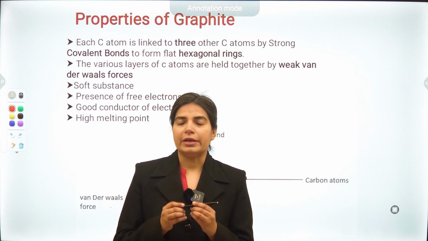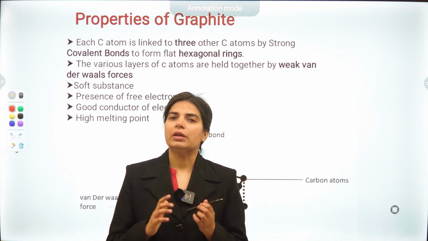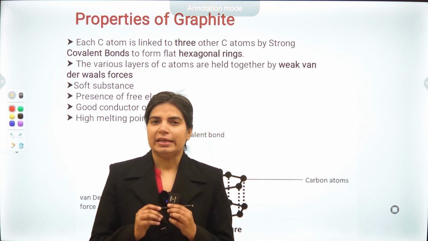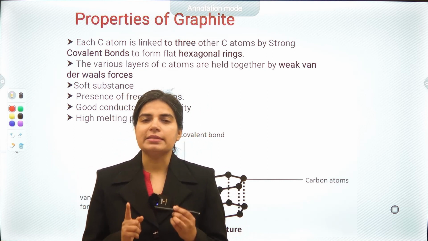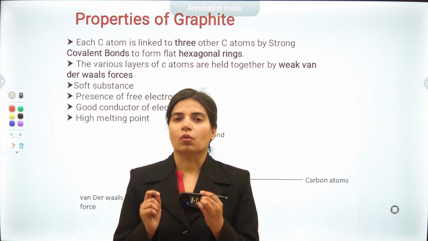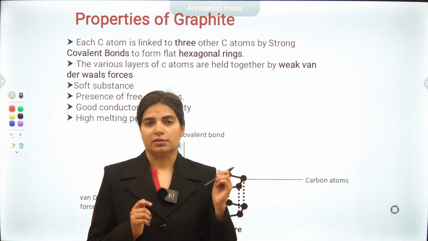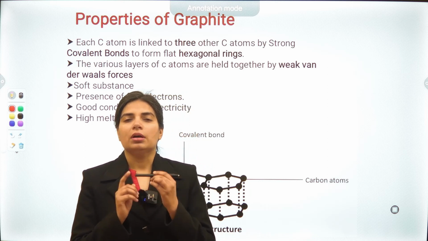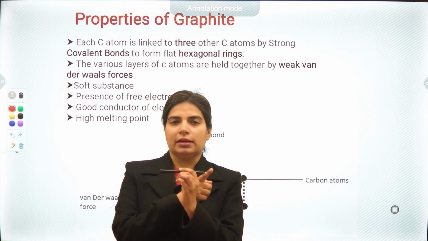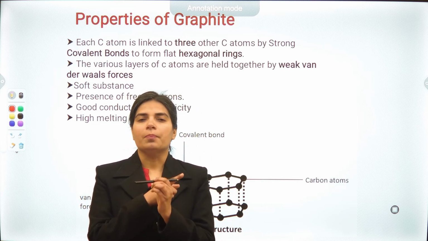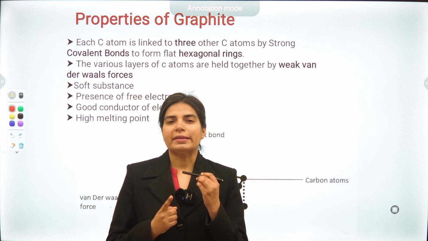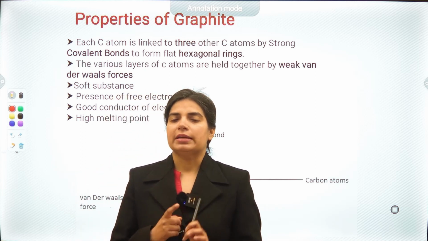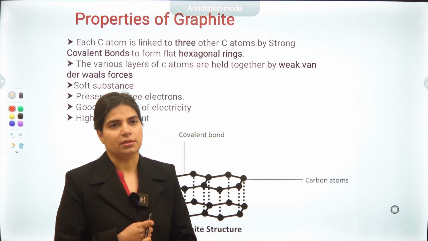If you try to use your remote, it will work. What does it indicate? It indicates there is conduction of electrons through the graphite. We know that the lead in our pencil is made of graphite. So by that activity, you can keep in mind that graphite is a conductor of electricity.